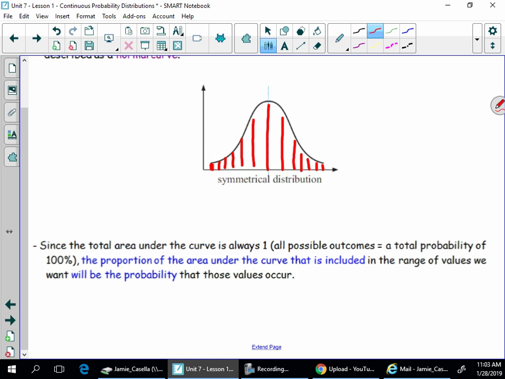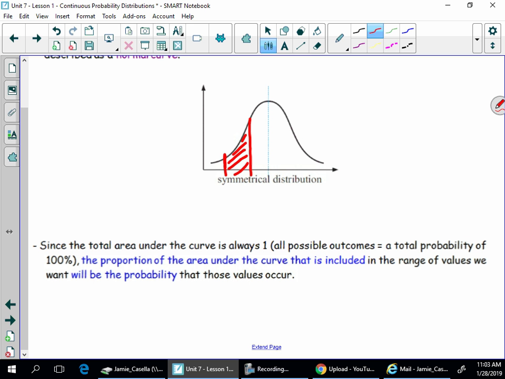So if I can figure out how much of this graph is involved in the situation that I want, maybe I want to know all the people who are between here and here, and I can figure out for myself, oh, that's a quarter of the graph. Well, if it's a quarter of all the possible outcomes, that means it's 25% likely. That's the probability.